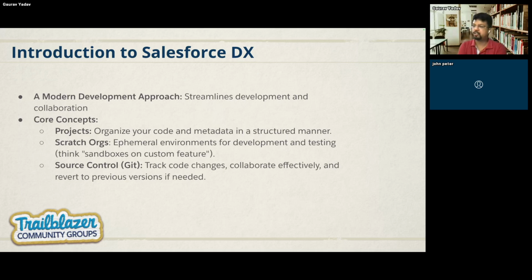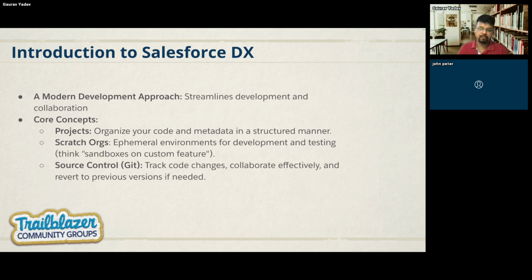So we do have a source control, Git. We can track the code changes and collaborate effectively, as I stated. Source control is a very old concept in software engineering, but it has been introduced into the Salesforce ecosystem only recently. Slowly, people are adopting it. So what is source control?